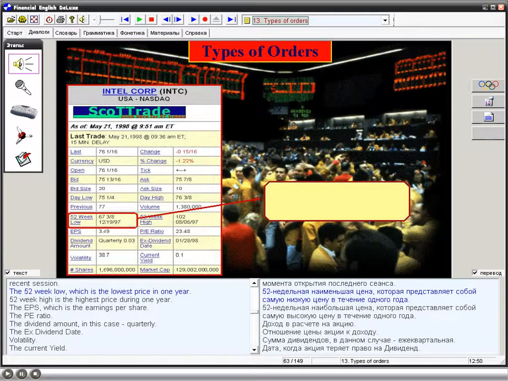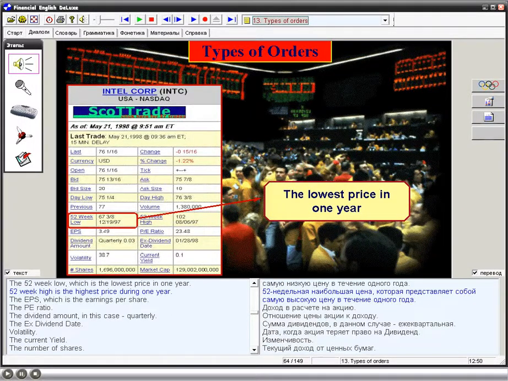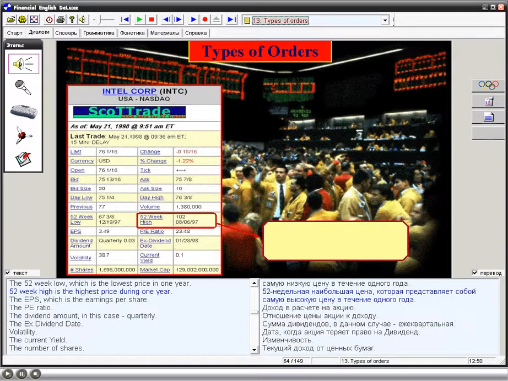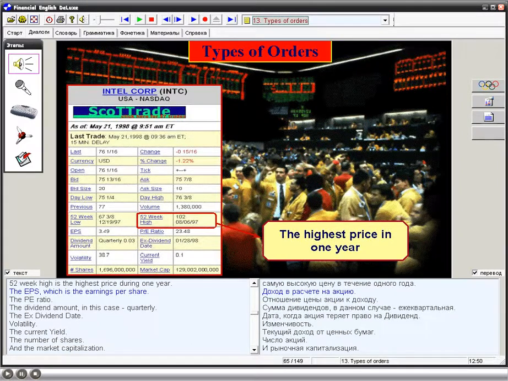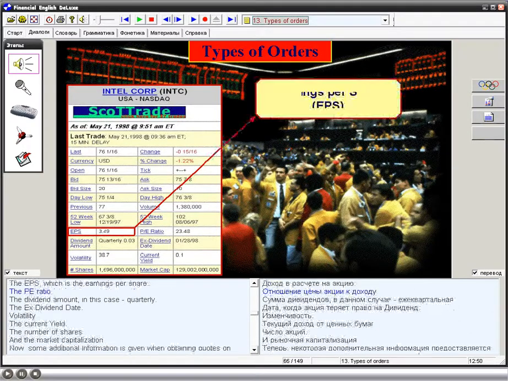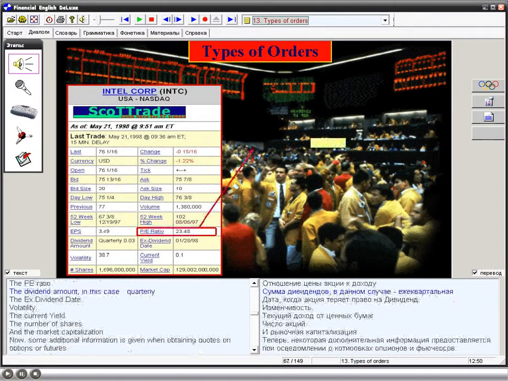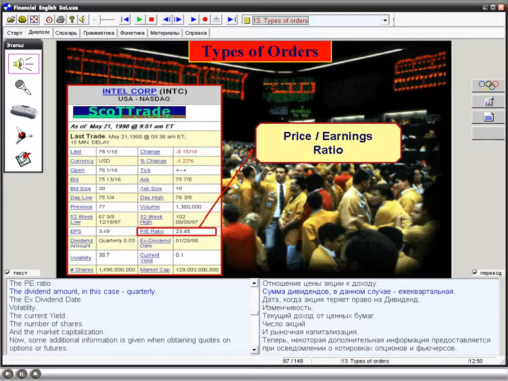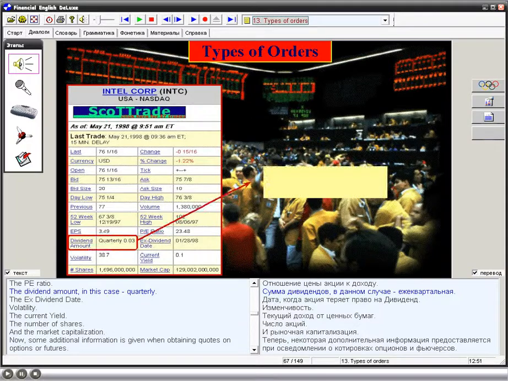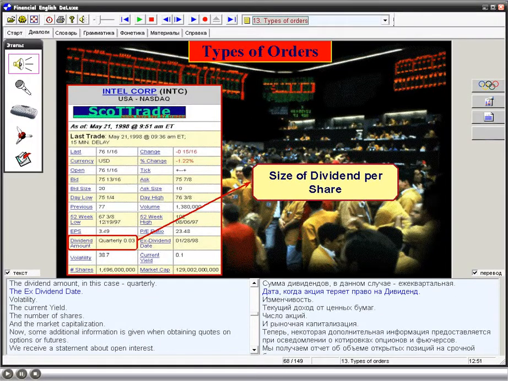The 52-week low, which is the lowest price in 1 year. 52-week high is the highest price during 1 year. EPS, which is the earnings per share. The PE ratio. The dividend amount, in this case quarterly.